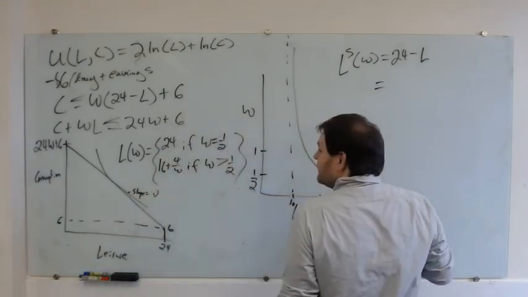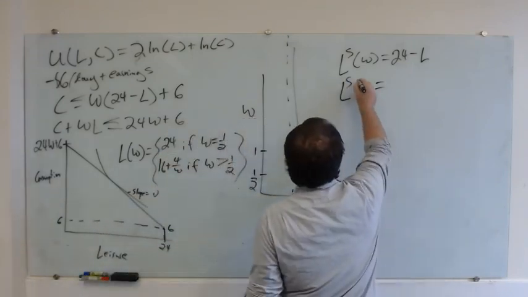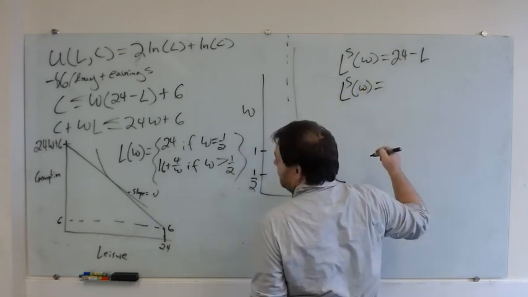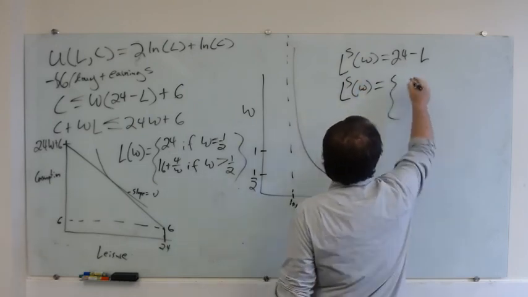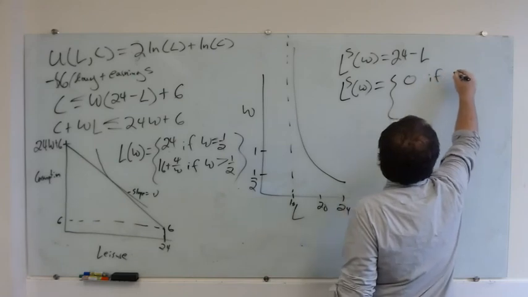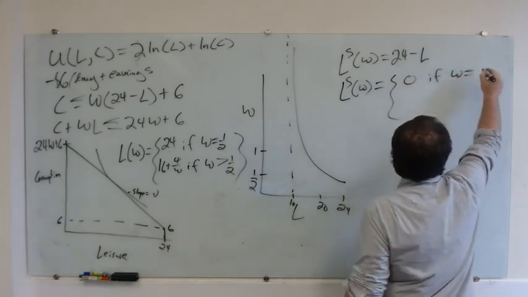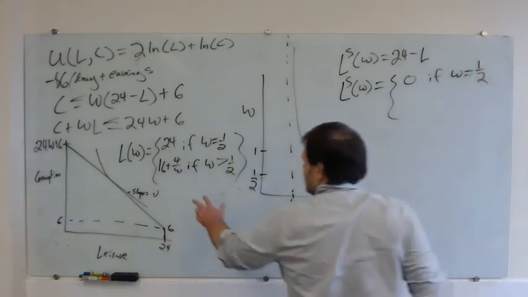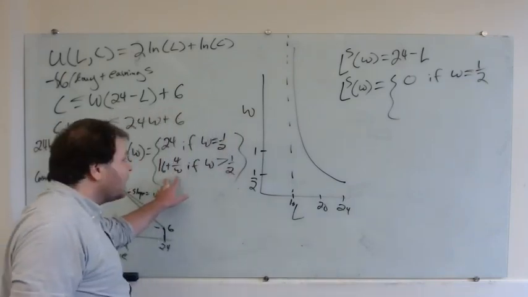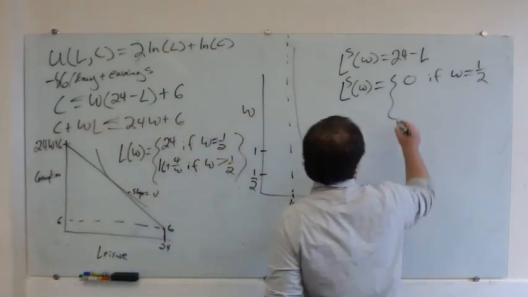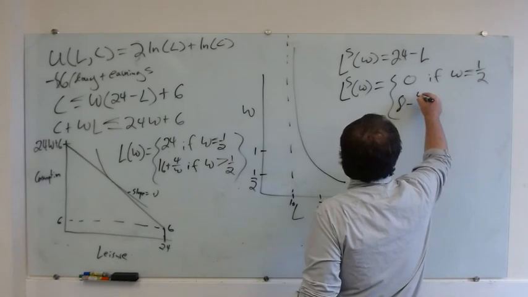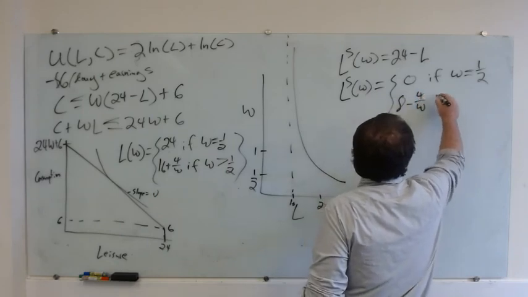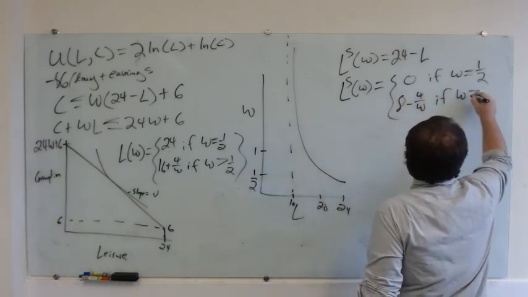So this means that my labor supply as a function of wage is going to be 0 for wages less than or equal to 1/2. And it's going to be 24 minus 16 plus 4 over W, which is going to be 8 minus 4 over W if wage is greater than 1/2.